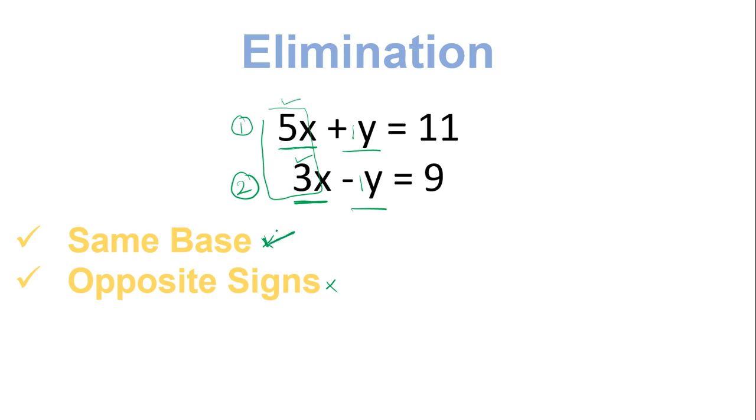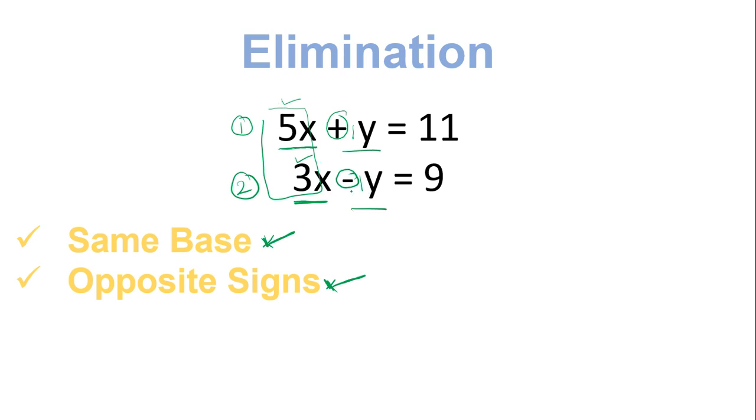The base is the same. Now the second condition, opposite signs. The first one is positive. The y in the second equation is negative, which means the second condition is also satisfied. Now I have the same base and opposite signs, so I can eliminate.